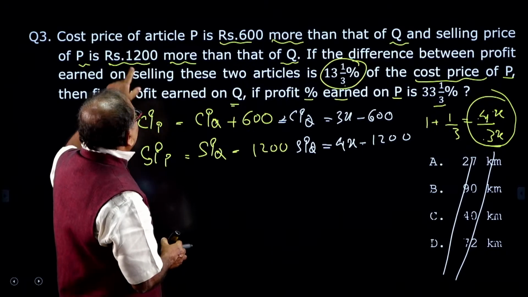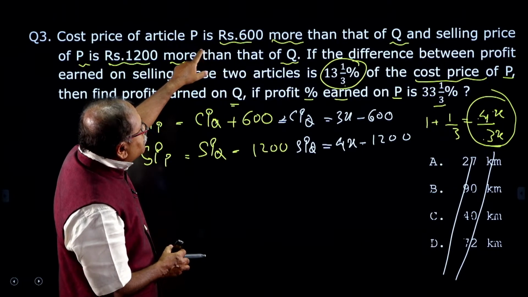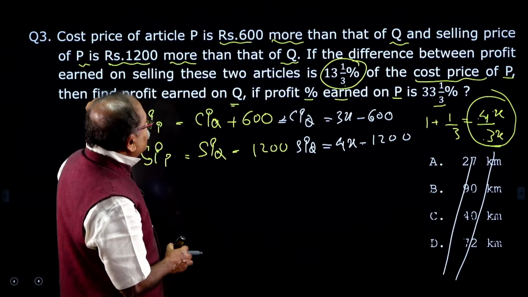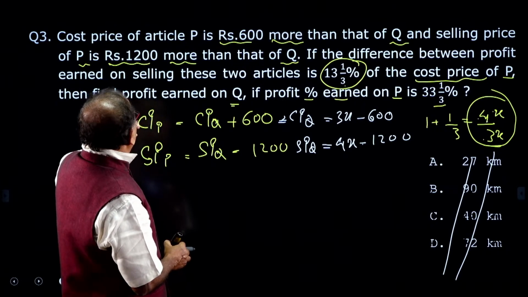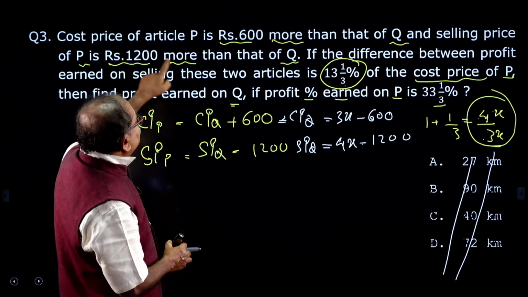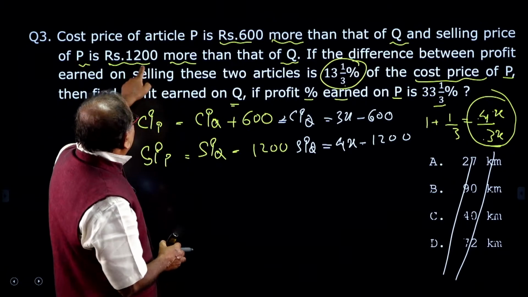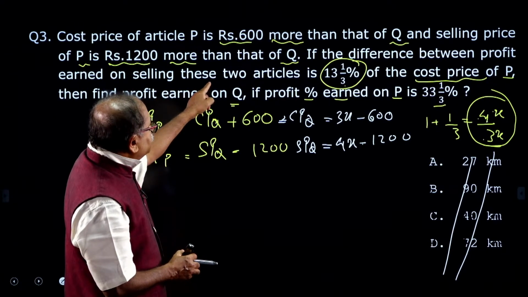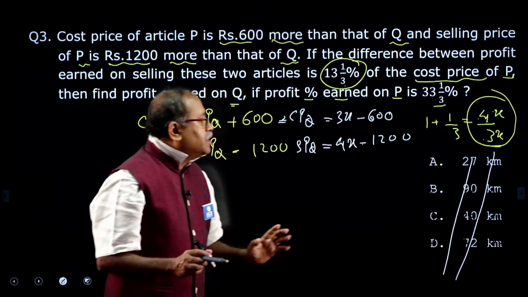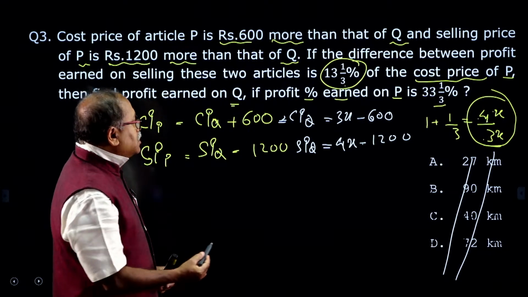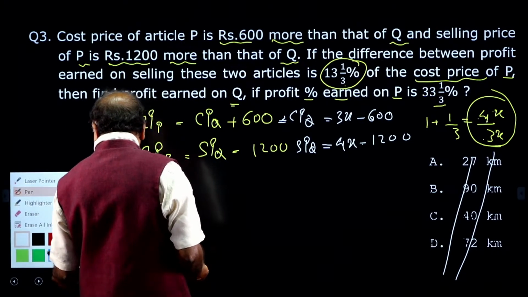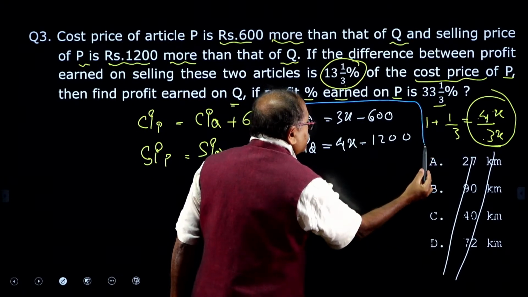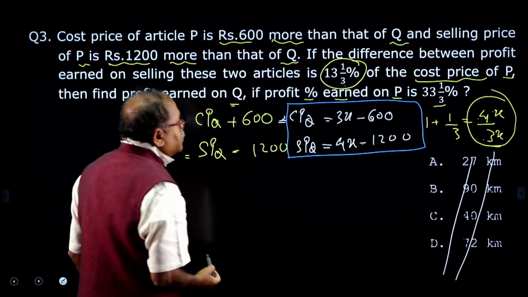Somewhere it is said that it is equal. Some equation was there where I read that the difference is given to us. Okay. Here the difference between the profit on selling price is this much more. Up to this it is clear. What I can derive from here, those who are new to the subject may find it a little difficult.